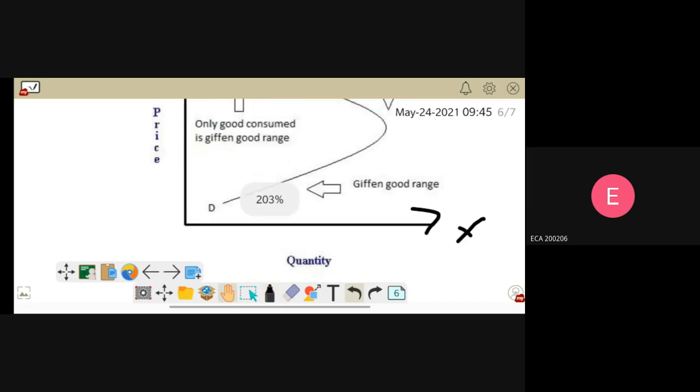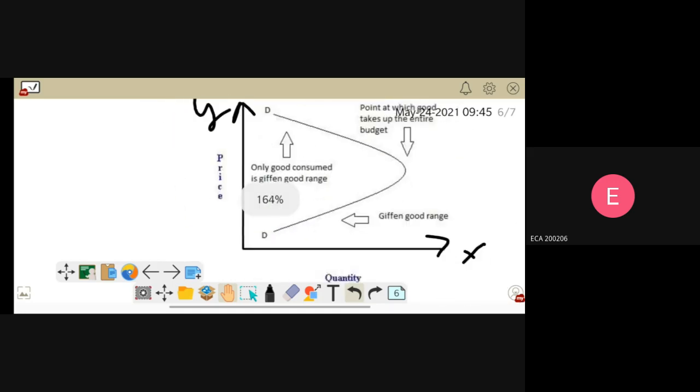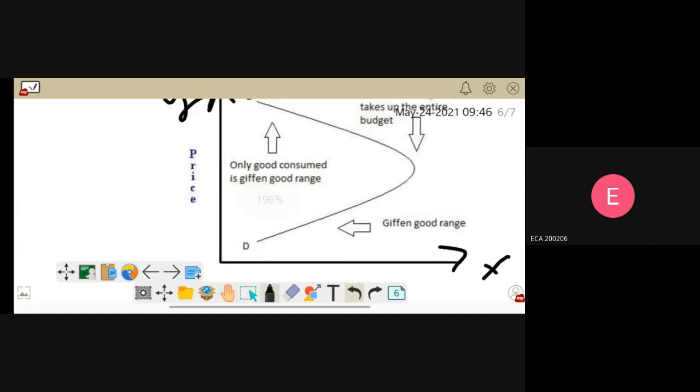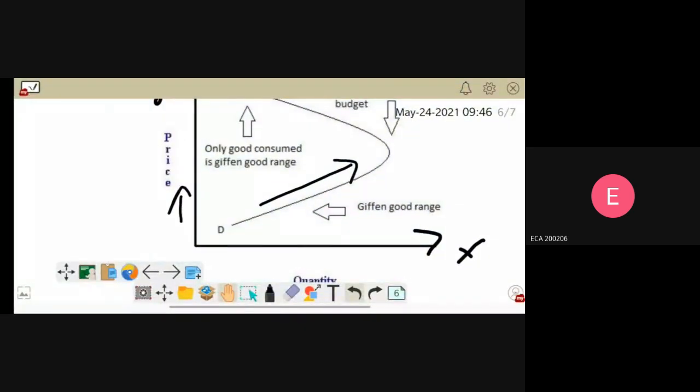On the x-axis, we measure the quantity purchased of a particular commodity, maybe bread, and the y-axis shows the price of bread. As the price goes up, as we have seen in our previous examples, the quantity purchased of bread will also go up, like a supply curve. It's upward sloping.